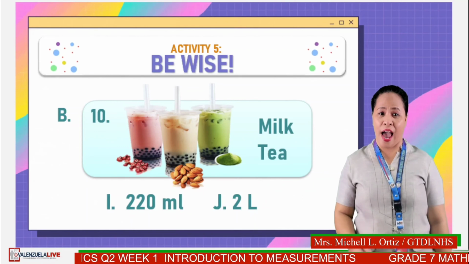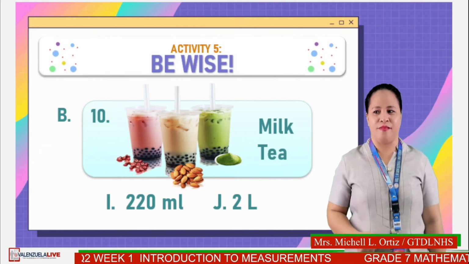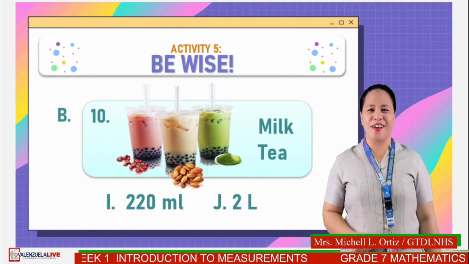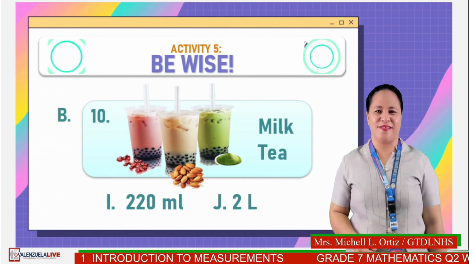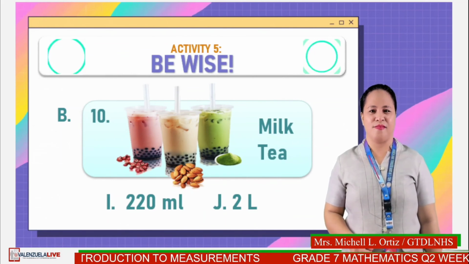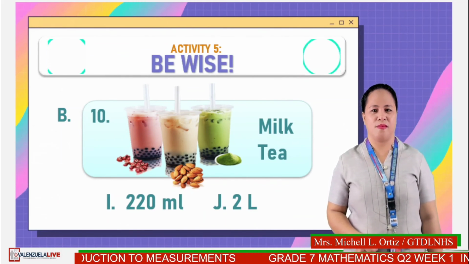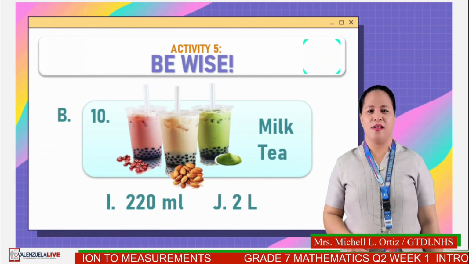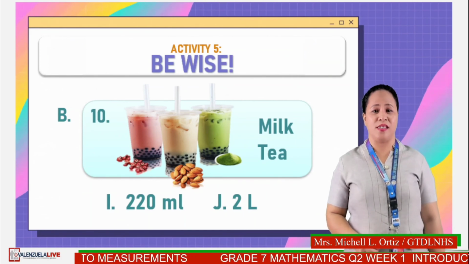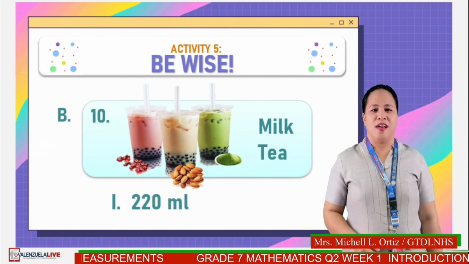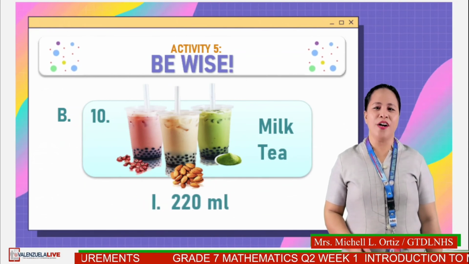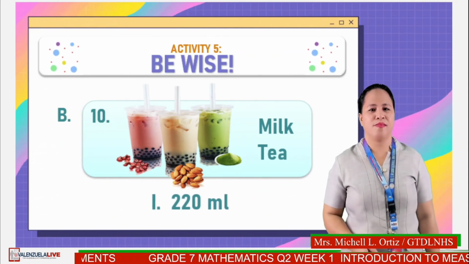Is it letter I or letter J? 5 seconds. Go. Correct answer is letter I, 220 ml.